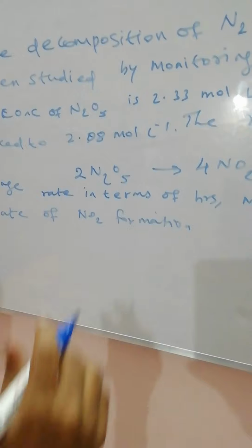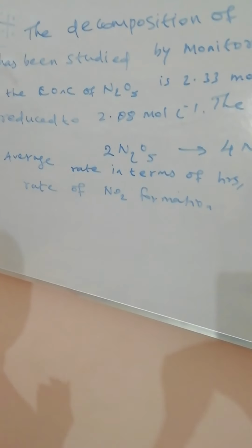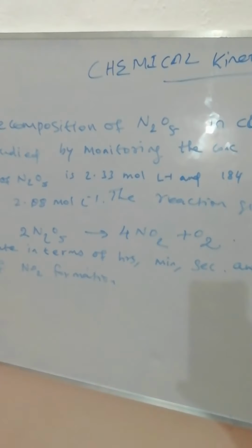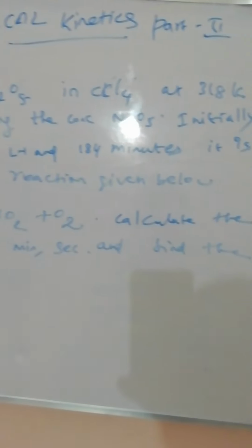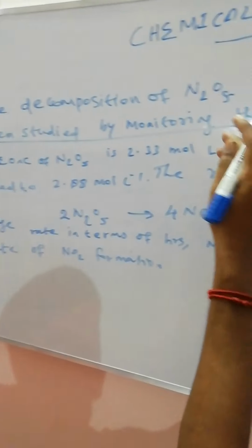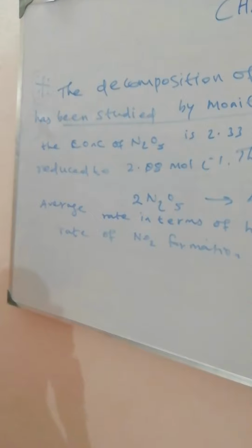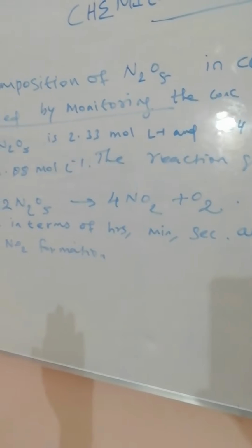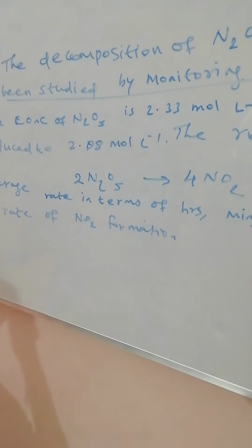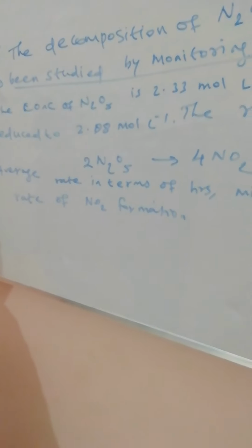The decomposition of N2O5 in carbon tetrachloride at temperature 318 Kelvin is monitored from time to time. As time increases, the reactant slowly converts into product.